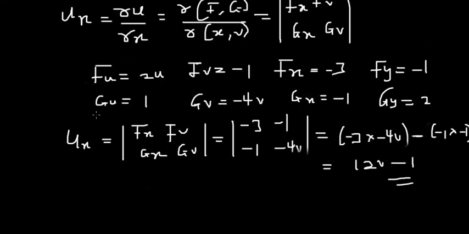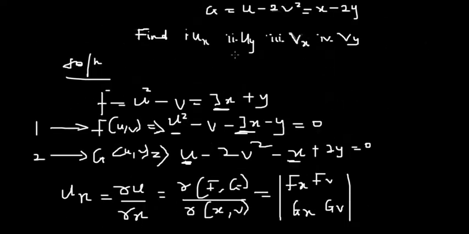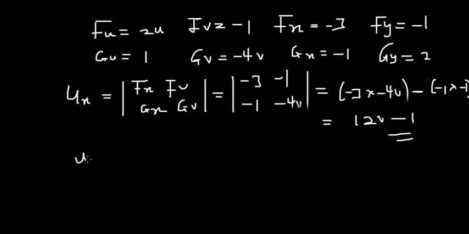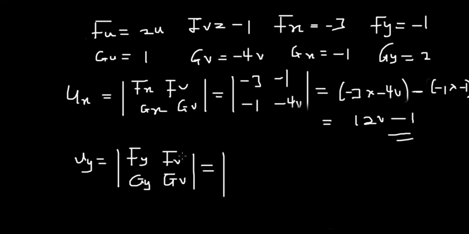Now let's look at u_y. So we have u_y, which is equal to the determinant with f of y, f of v, g of y, g of v. f of y is -1, f of v is also -1, g of y is +2, and g of v is -4v.